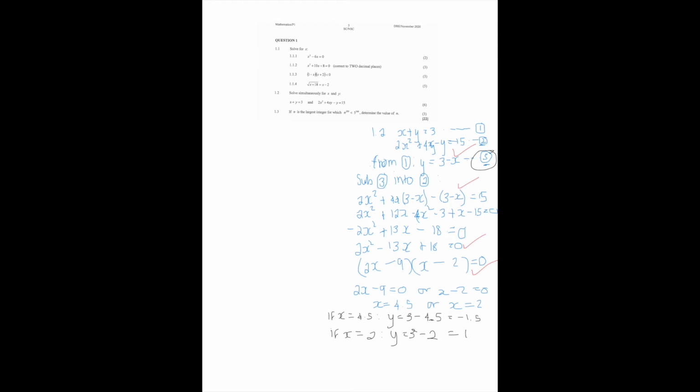All right, and then your fifth mark you will get for the correct values of x. And then lastly, your sixth mark, you will get for the correct values of y, which will give you a total of 6 marks. And then done with question 1.2.